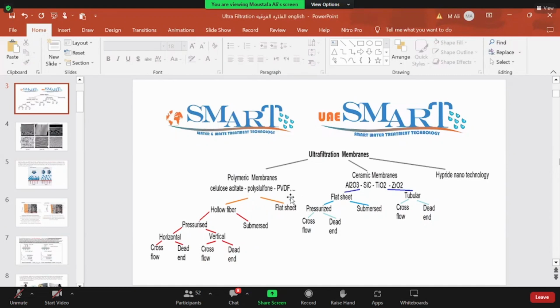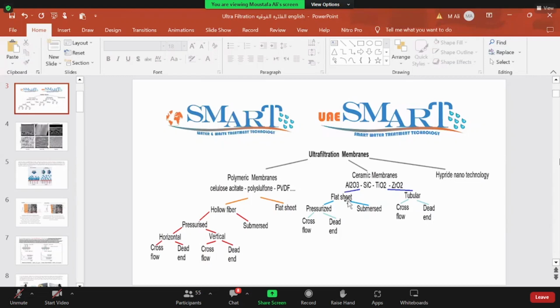Many other materials can be used. Hydrocarbons can also be used as a material for polymeric ultrafiltration membranes.